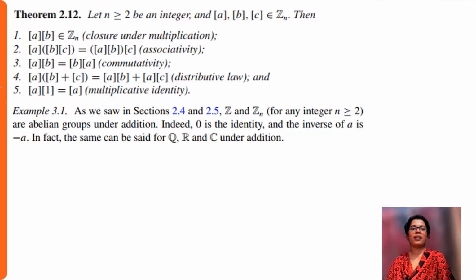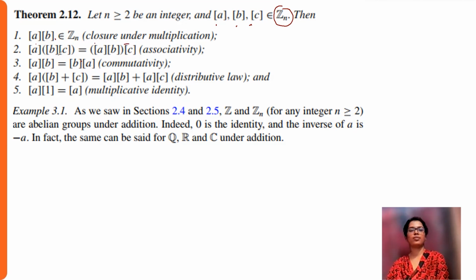Similarly, there are a few properties of the classes. For example, if we have three classes, say class A, class B and class C in our Zn, Z modulo n, with respect to multiplication we can define closure. That means the product of any two classes in Zn is in Zn.